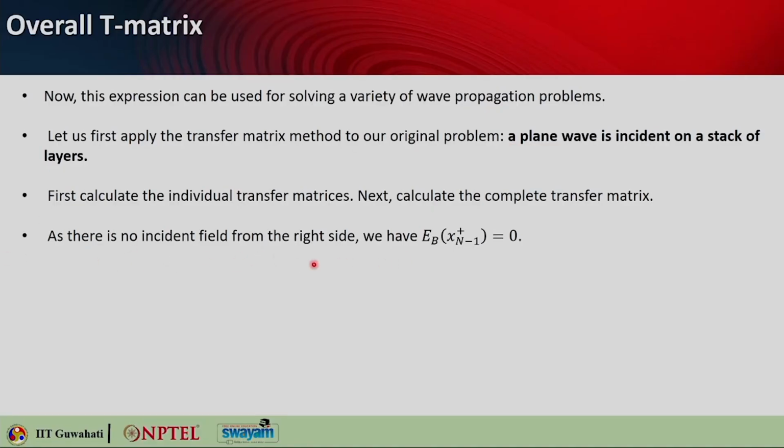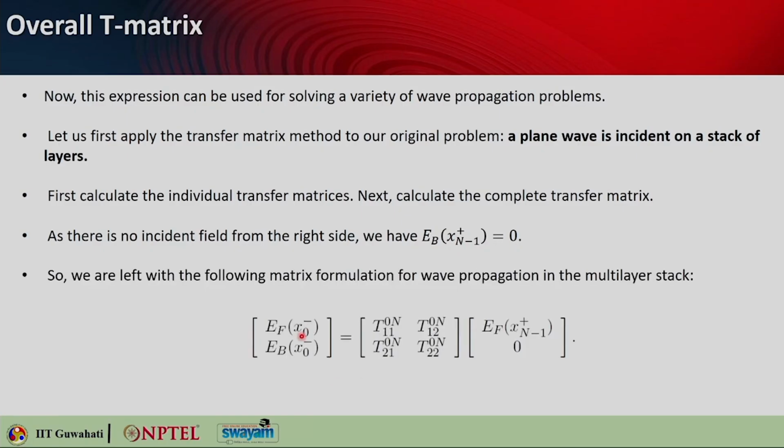Now, as we mentioned earlier also, we can assume that there is no field coming from the right side. That means EB x n minus 1 plus is always 0. There is no electric field from the other direction. So once you do that, you can simplify the equation like this. EF x0 minus and EB x0 minus can be correlated by the transfer matrix.